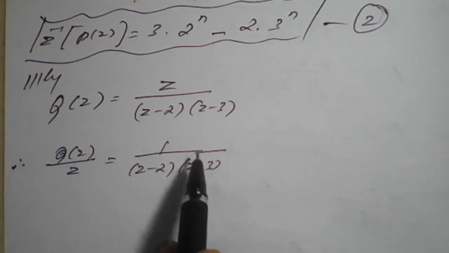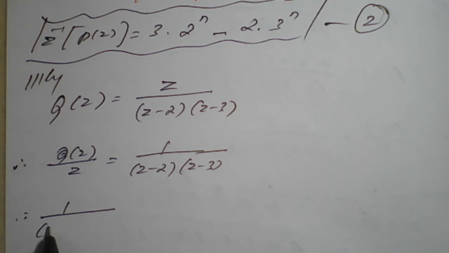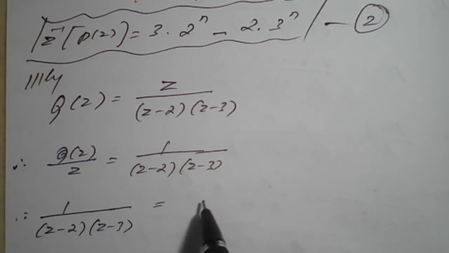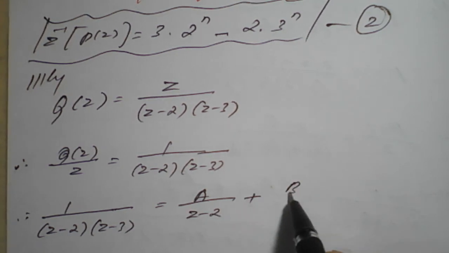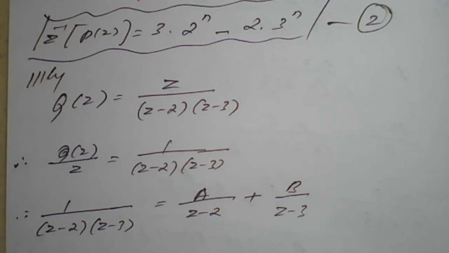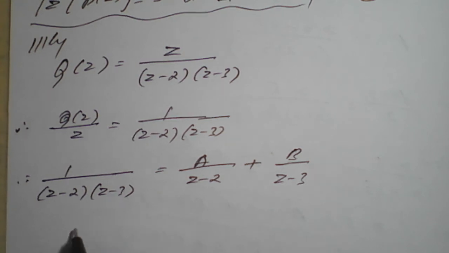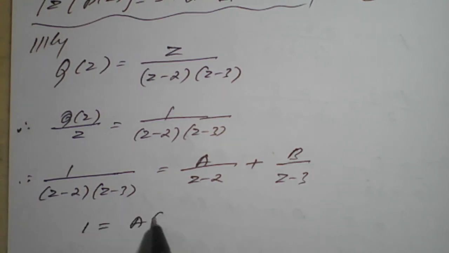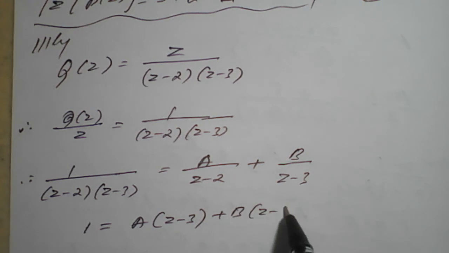We'll simplify first the right hand side of the above expression, that is 1 divided by (z minus 2)(z minus 3) can be written as A divided by (z minus 2) plus B divided by (z minus 3). On simplification of the above step, we get 1 is equal to A into (z minus 3) plus B into (z minus 2).